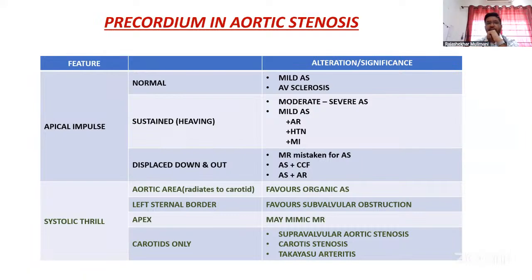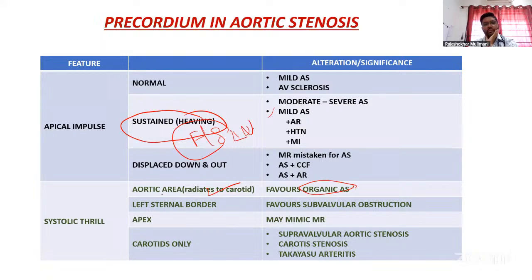In aortic stenosis, the typical apical impulse is heaving, in which it is a forceful and sustained LV apex. Sometimes you can have a systolic thrill related to the carotid, which favors organic aortic stenosis. If the thrill radiates to the left lower sternal border, it favors a subvalvular obstruction, and if it radiates to the apex, it may mimic mitral regurgitation.